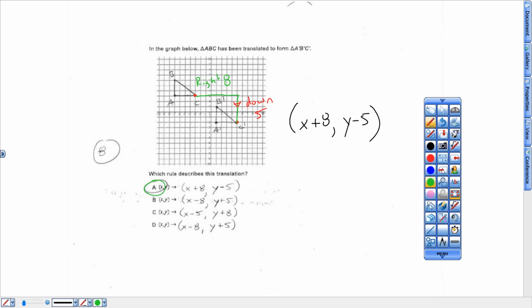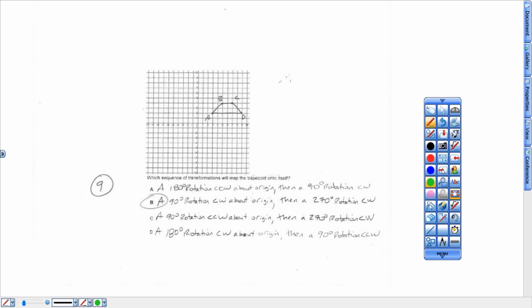All right, keep going. Number 9, this one, if I do a 90-degree quarter turn, for this one to work, I'm going to do a quarter turn to the right, puts that right here. And then it says do another 3/4 turn continuing in that right direction.